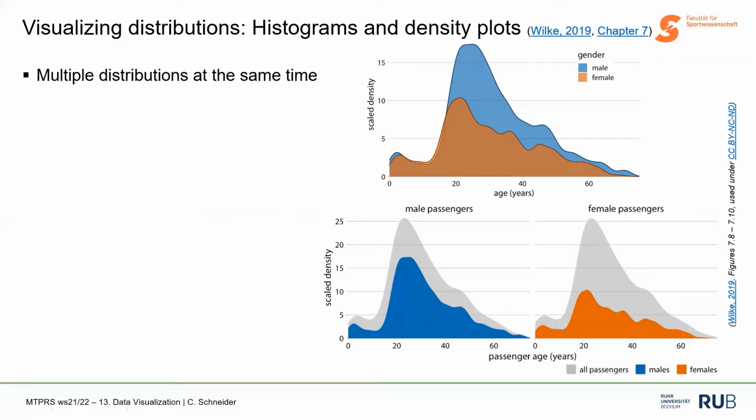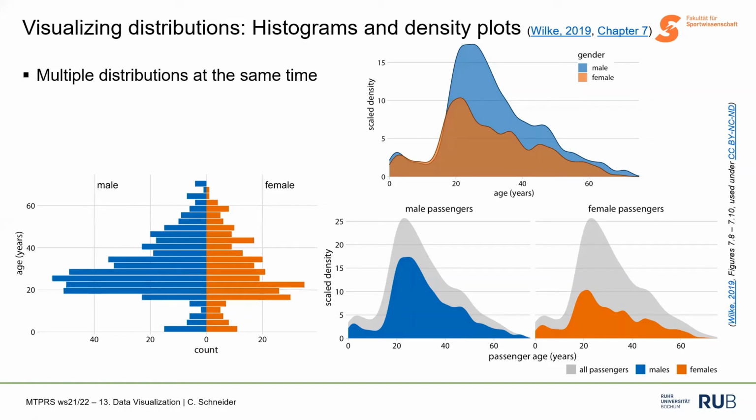We could also think about displaying the different distributions in relation to the overall distribution. And then we can see, okay, there were more males than females, and the amount in different age groups is also very clear compared to all passengers, in this case the entire population, for example. So this is probably a better way of displaying multiple distributions.